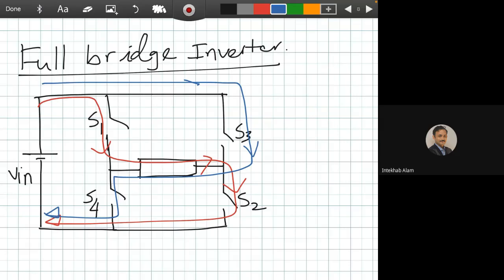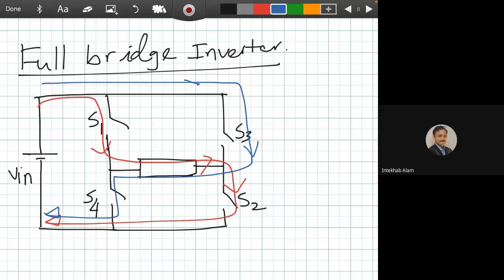So what are the advantages of this one? If we just take the points here, we have used only one voltage source.